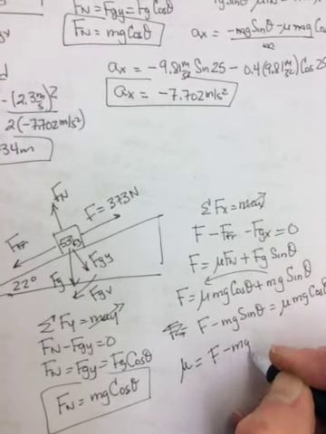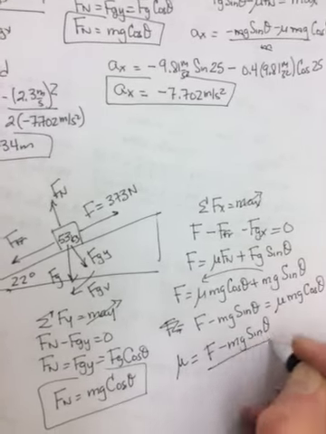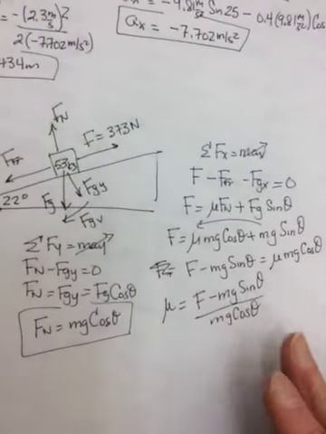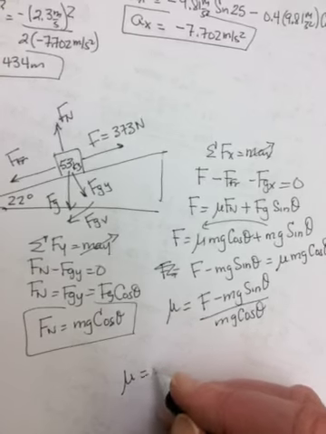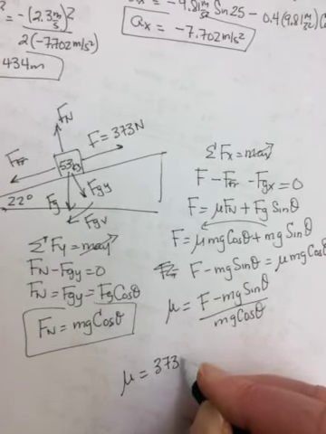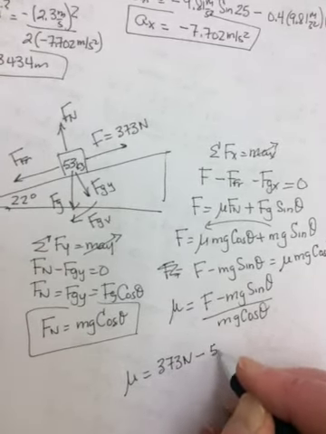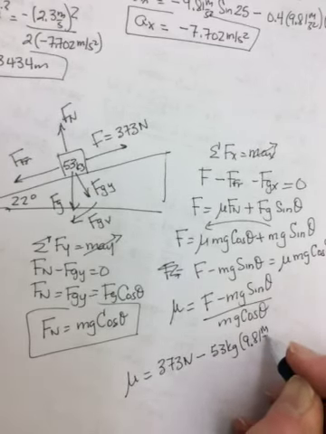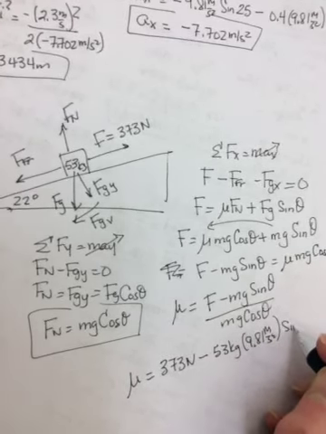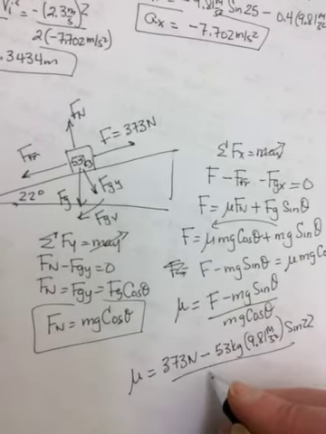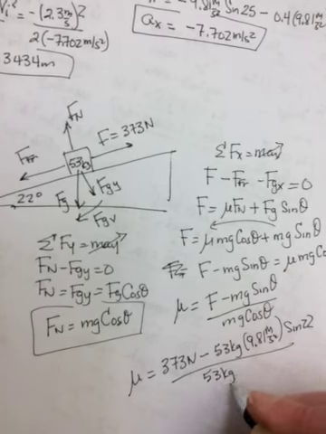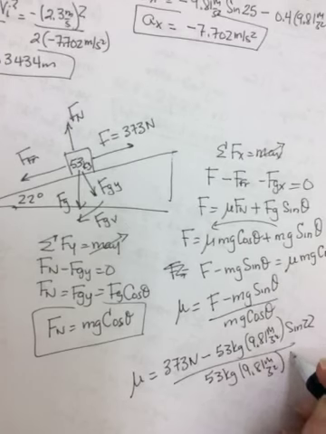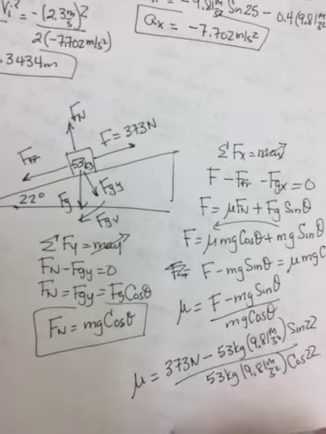F minus mg sine theta, and then you're going to divide by mg cos theta. Can you cancel out the mg's? Please say no. So mu is equal to 373 newtons minus 53 kilograms times 9.81 meters per second squared sine of 22, divided by 53 kilograms, 9.81 meters per second squared cos of 22.